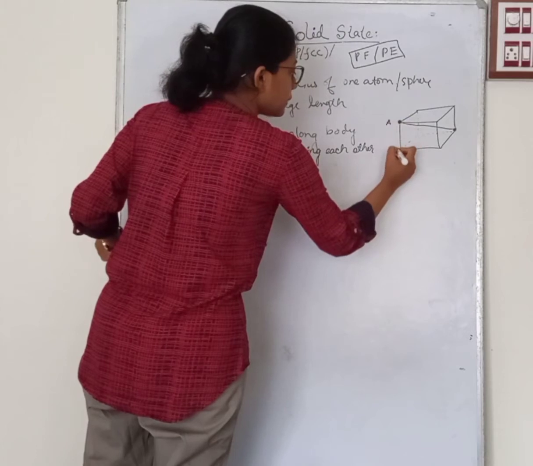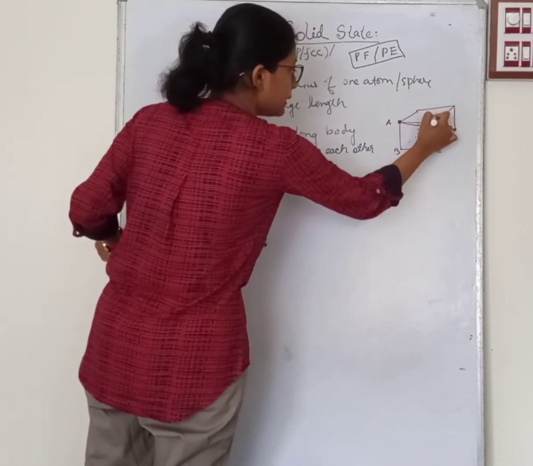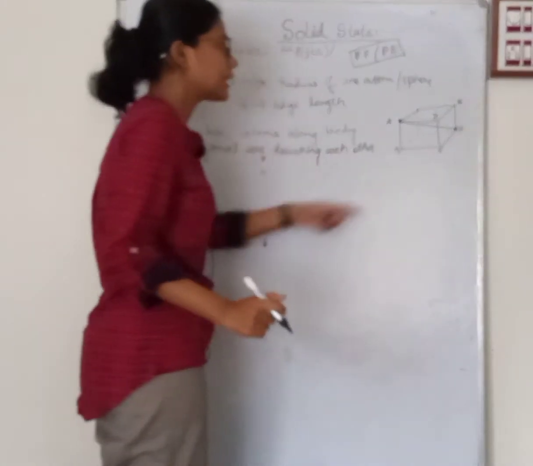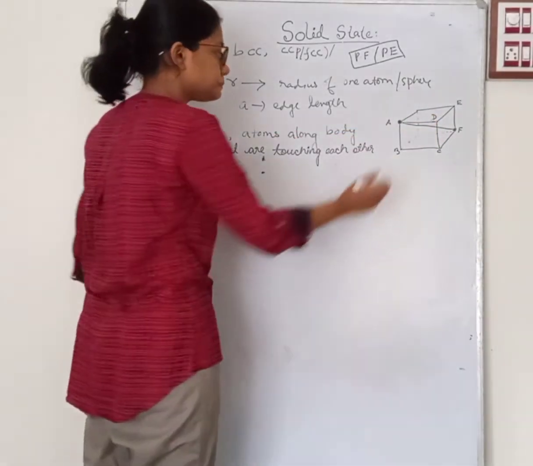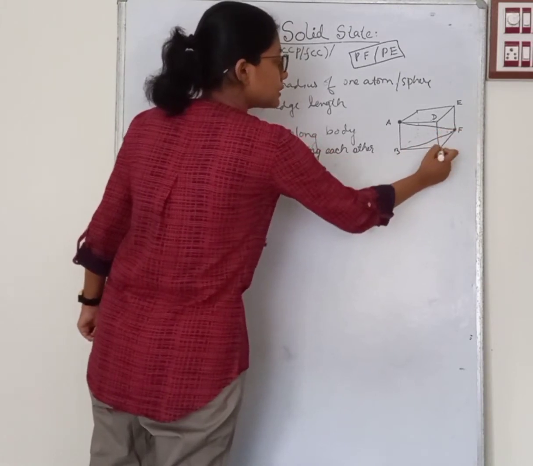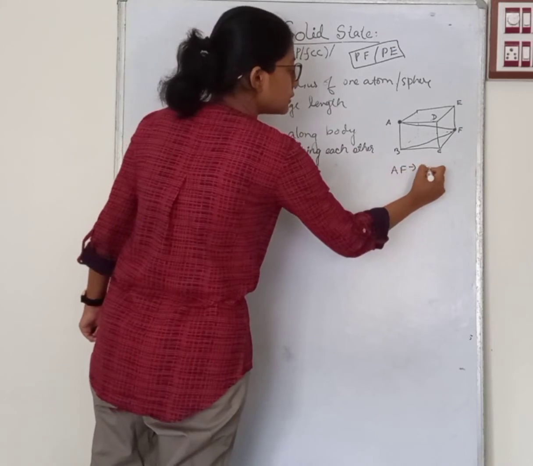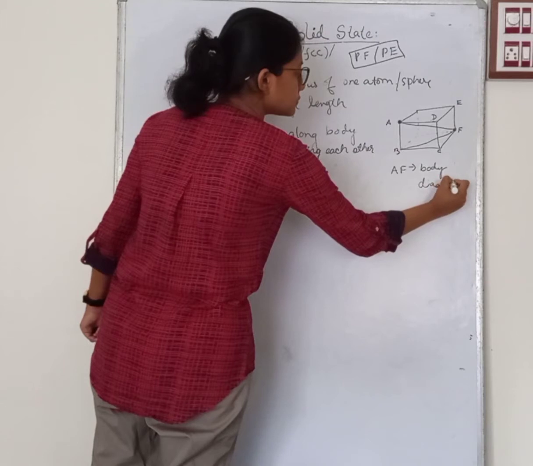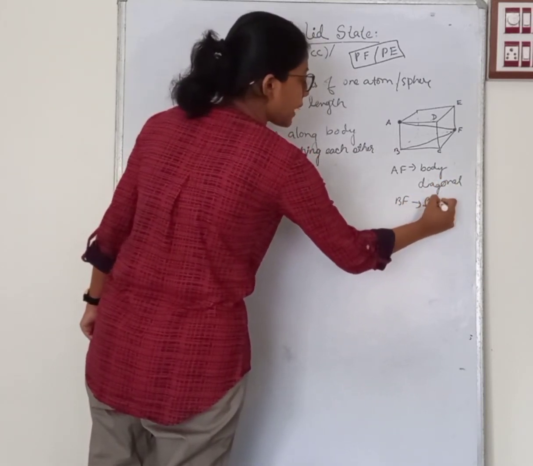If A, B, C, D lie on one plane, and C, D, E, F is another plane, then AF is the body diagonal. Okay, we will need another diagonal BF. So AF is the body diagonal, BF is the face diagonal.